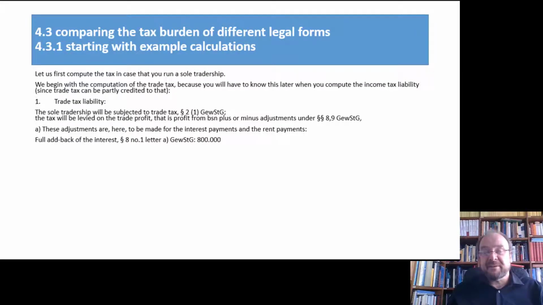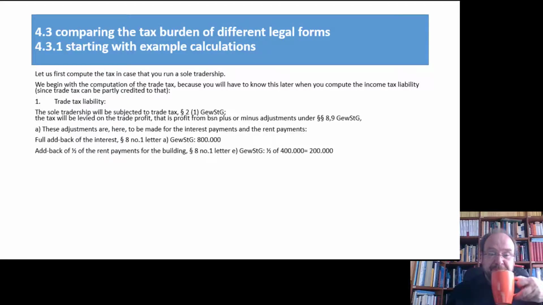The interest has to be fully added back, so 800,000 in the first place. Whereas the rent payments for the building are only added back with half of the amount, so with 200,000. That brings us to a subtotal of add-backs under paragraph 8, number 1 of 1 million.